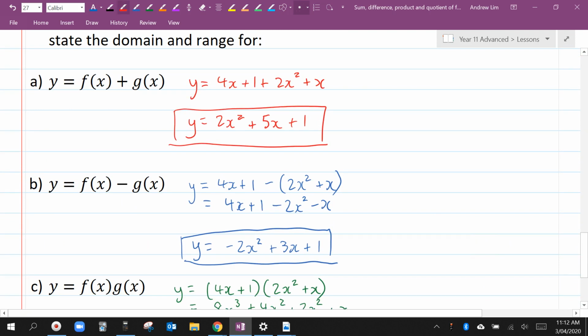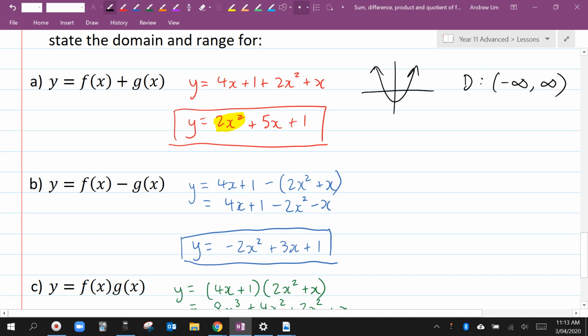So let's have a look at how to work out the domain and range. For question A, the sum of the two functions ends up being a parabola, a positive parabola. So when we draw this out, it's going to look something like this. We don't know where it's going to be shifted, left or right, up or down yet, but we know that that's the general form, which means that the domain is from negative infinity to infinity.